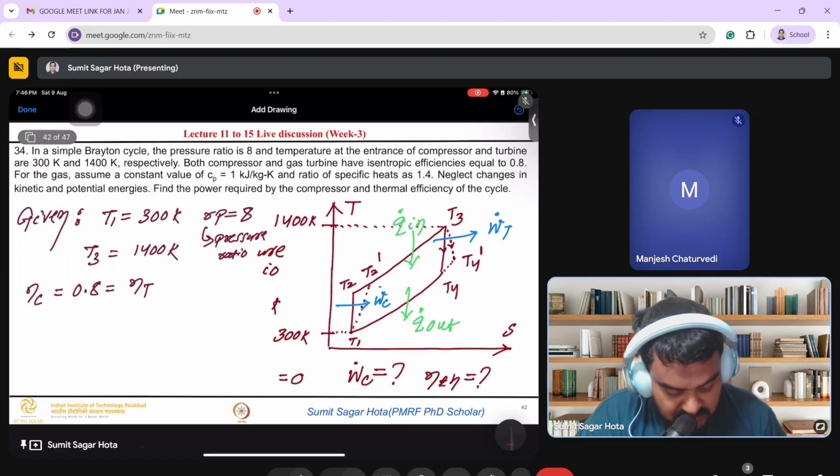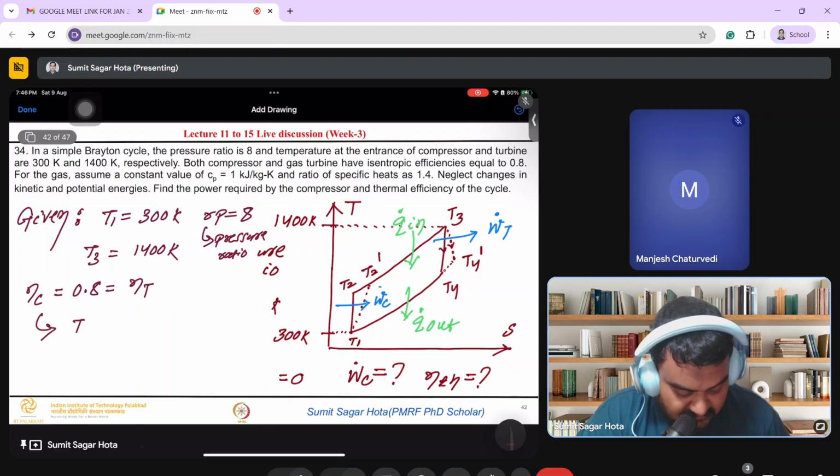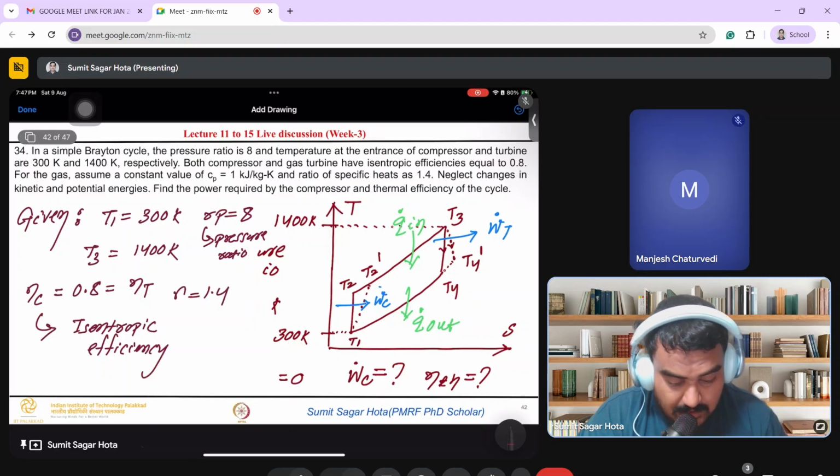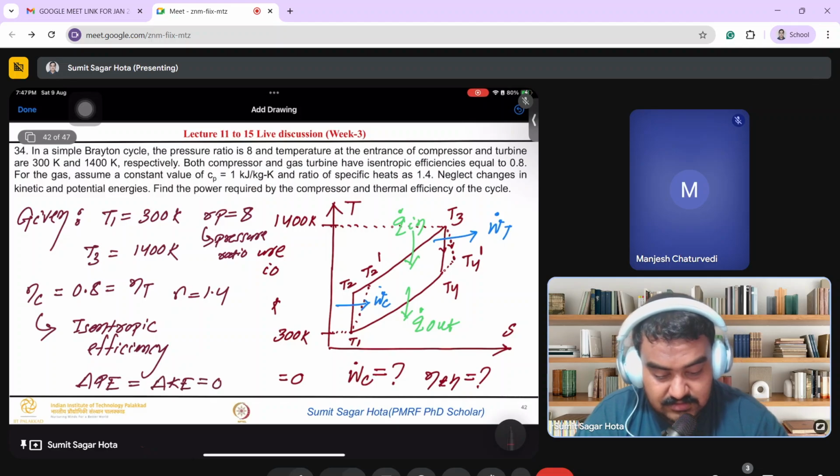That's the reason it's not 100% efficient. Given the isentropic efficiency, we have only 80% efficiency. Gamma is your 1.4, and there is no change in the potential energy and the kinetic energy.